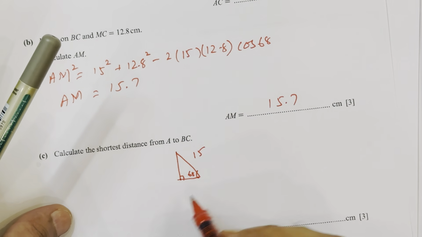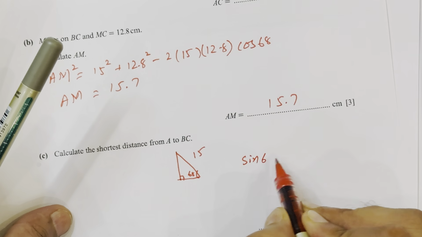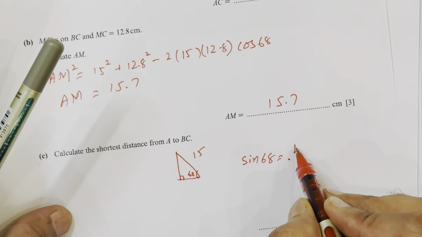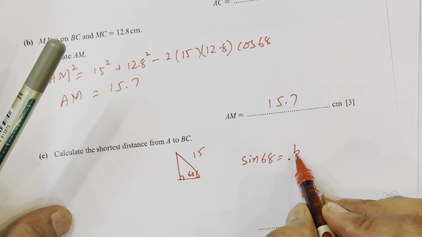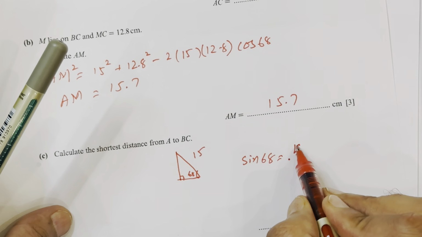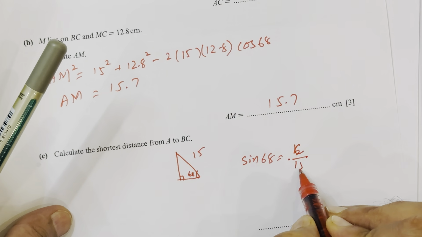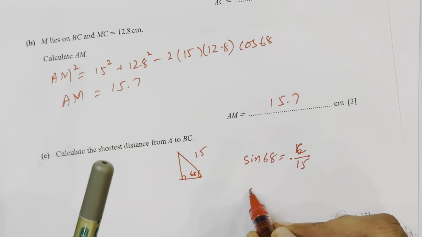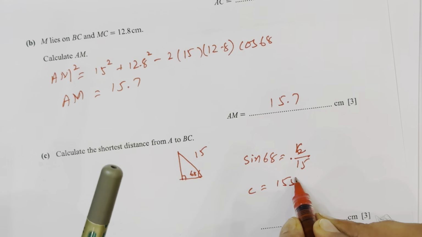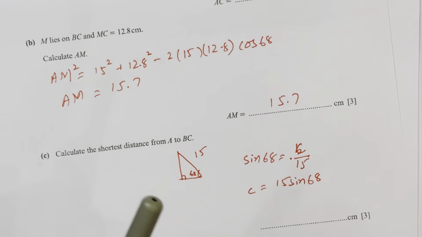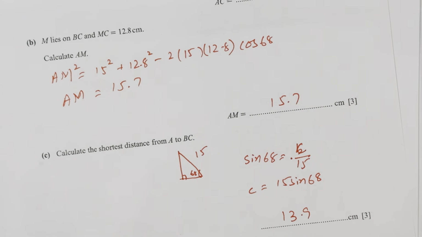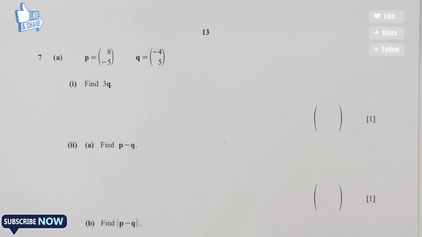Okay, we can apply the simple sine ratio, sine 68 would be equal to the perpendicular over 15. So the perpendicular is equal to 15 into sine 68. After solving, you get the value that is equal to 13.9 centimeter. Again, this was a very easy question. Moving to question number 7.